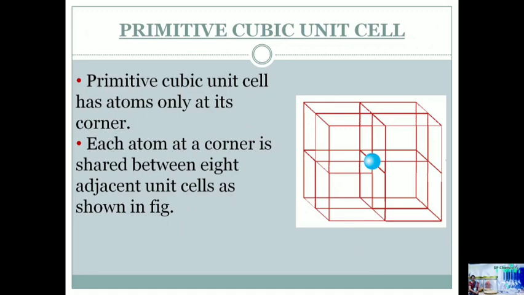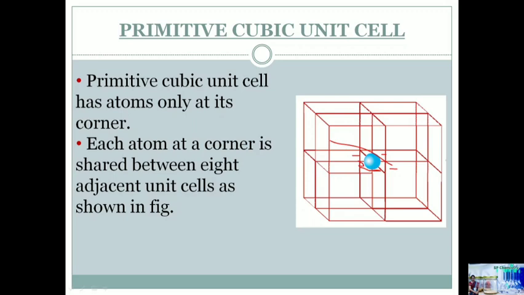Now let us start with the primitive cubic unit cell. What does it mean? The primitive cubic unit cell has atoms only at its corners. Each atom at a corner is shared between 8 adjacent unit cells. Here you can see at the corner this constituent particle or atom is adjacent to here 1, and here 2, this is 3 and this is 4.